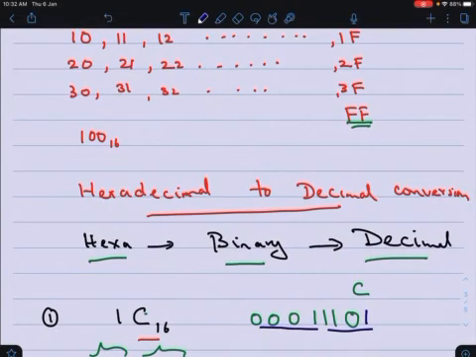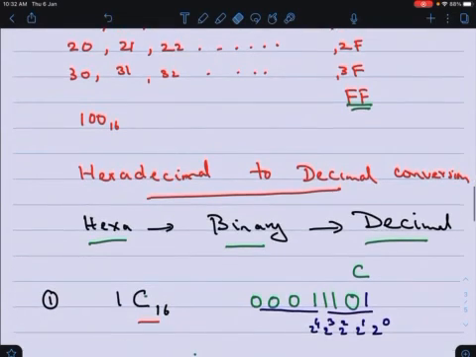Okay, coming back, this is 1 plus 0 plus 4 plus 8 plus 16.